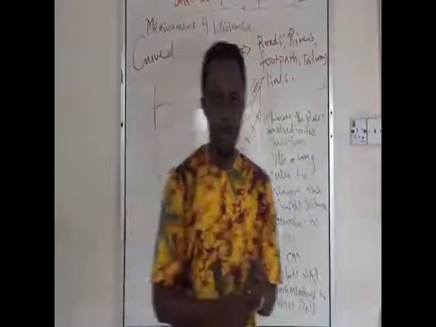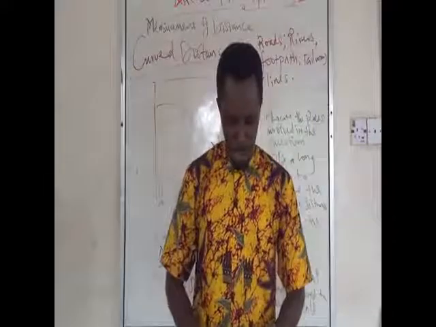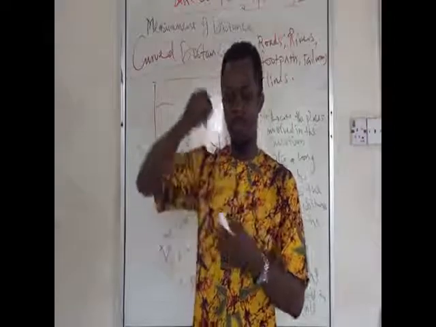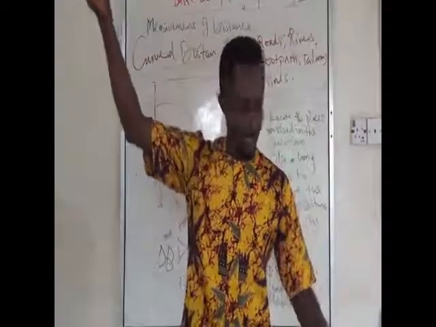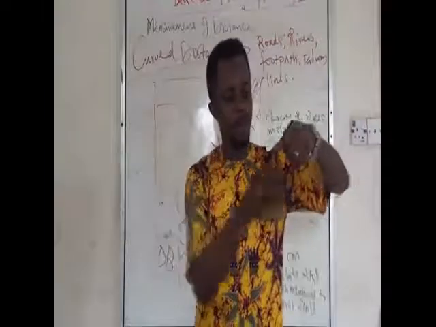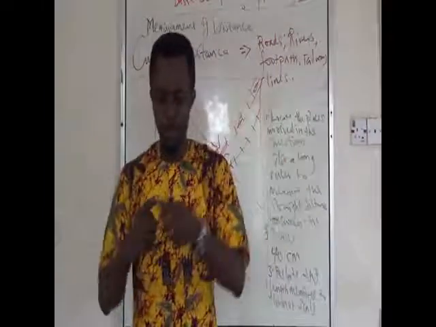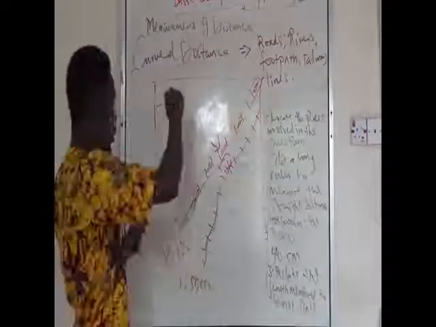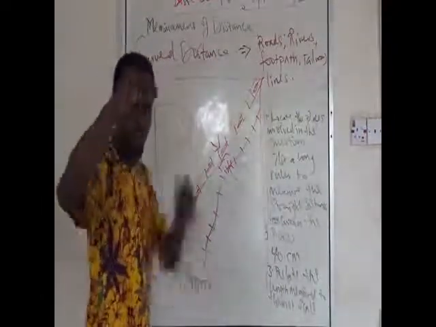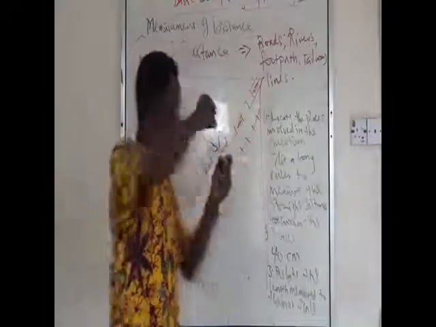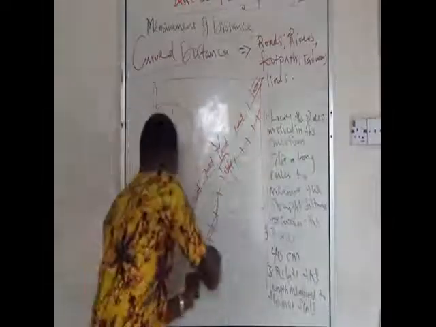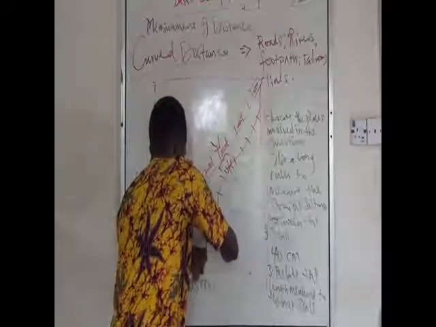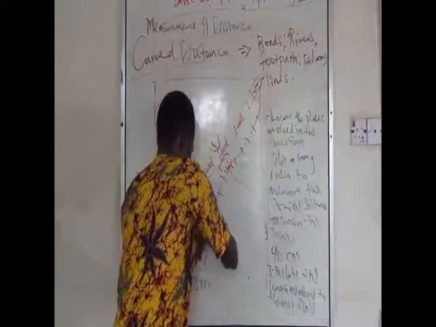To measure a curved distance, you need a piece of white thread. You have it. Good. Now follow me. You place the beginning tip on the feature you want to measure. It goes like this. You put it here and you bend it along the curve. Hope you are seeing what I'm doing.